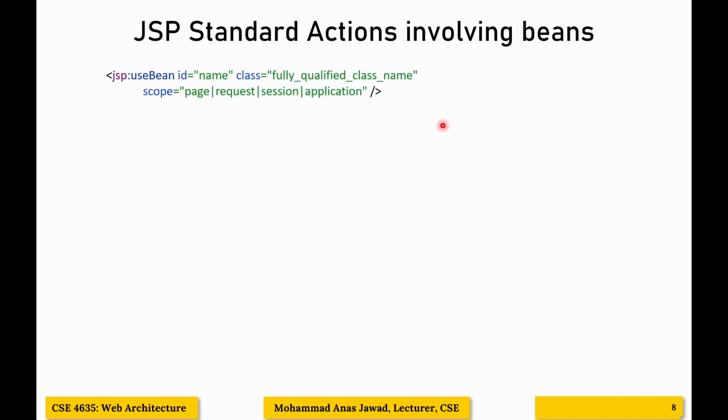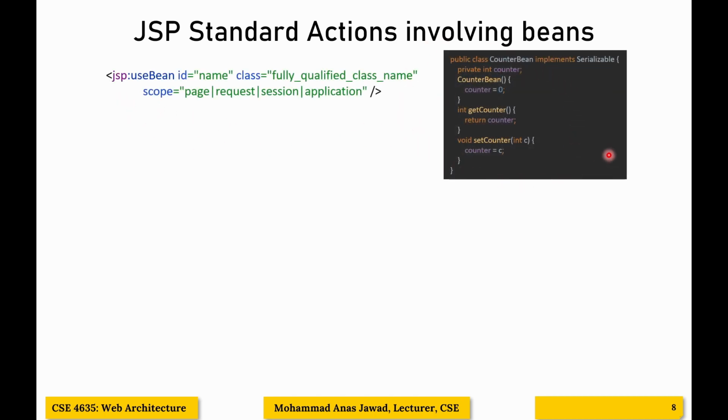So let's take our previous example again, our previous counterBean class, which is a JavaBean since it follows those standards set out by JavaBeans. Suppose we want to create a JavaBean object inside our JSP page, right? Now, if we want to create a JavaBean object of this counterBean class inside our JSP page, then obviously we could have used scriptlets.